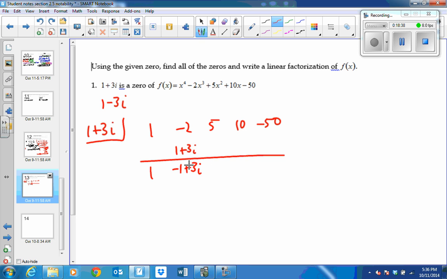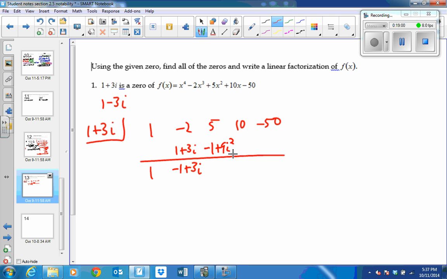Now when we multiply this times this, they're actually conjugates of each other, because I could write this as 3i minus 1 and I could write this as 3i plus 1. So it's really going to end up being the first term times the first term plus the last term times the last term. So this is going to give us -1 plus 9i squared.